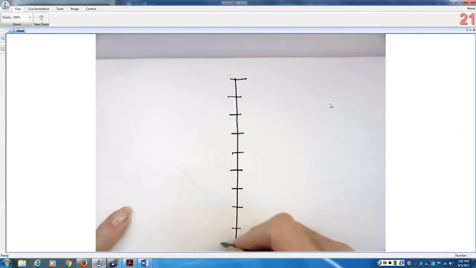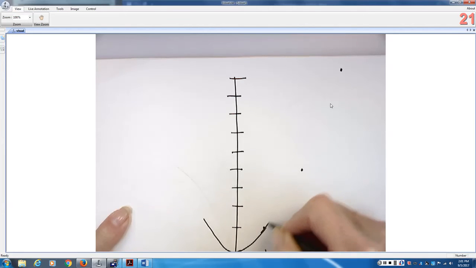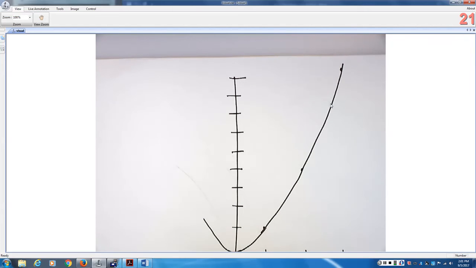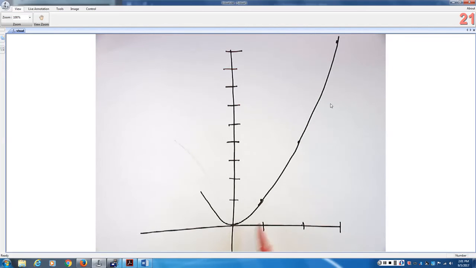The graph of f of x equals x squared is a parabola. And the number line that we're interested in looking at here is actually the x-axis, and we're interested in what happens as x gets close to 2.